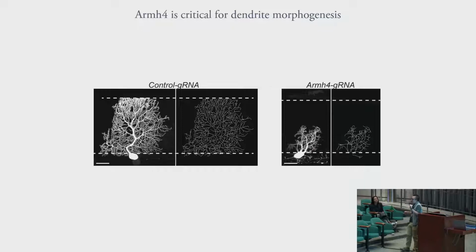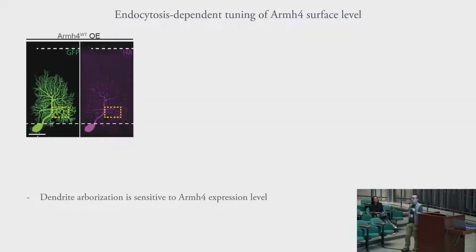The interesting thing happened when we looked at overexpression of AMH4. We observed a very similar phenotype to the knockout, shorter and much less complex dendrites. It seems that the existence of AMH4 is not enough. You need to have it at the correct level.